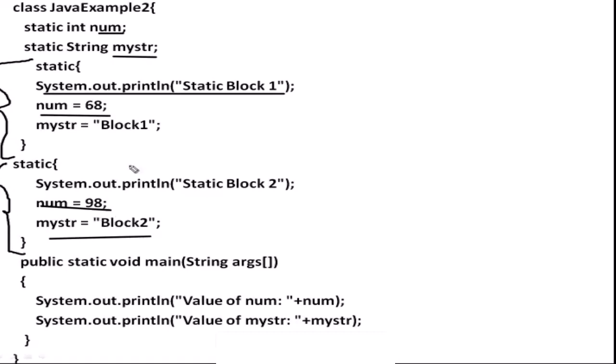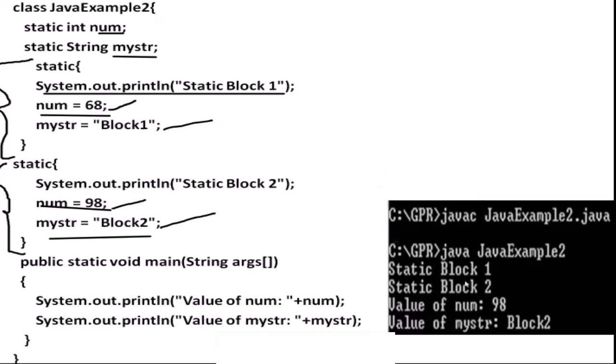If you consider the assignment of number, the first one is 68, and the assignment of the second number is 98. The assignment of my string str is block 1, and the second assignment of my string str is block 2. So now which one will be printed?